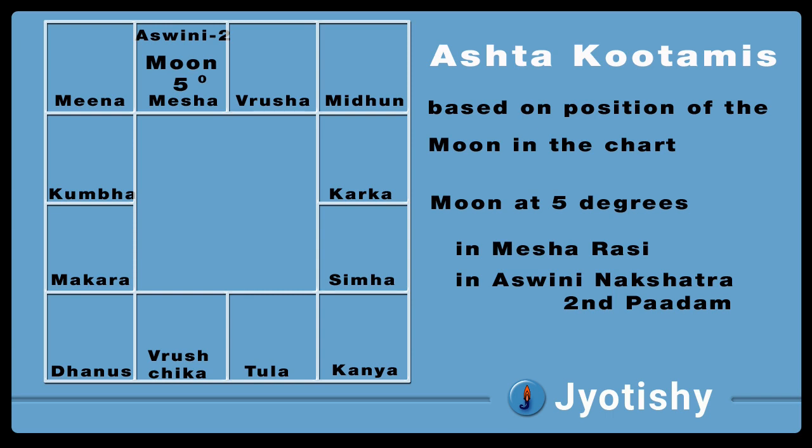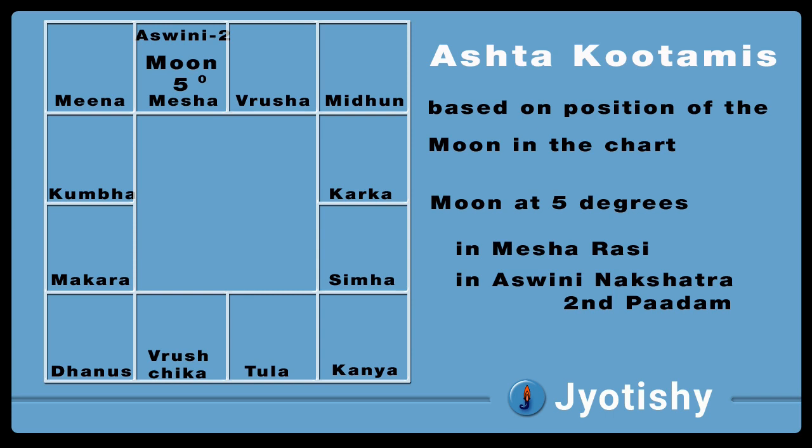To find out what are the different nakshatras and rasis, in the description you are given a provision to download a PDF. That will give you a table of all the nakshatras. You can see that there are 27 nakshatras divided into the 12 rasis. When a person is born, the rasi in which Chandragraha is sitting is called Janmarasi.